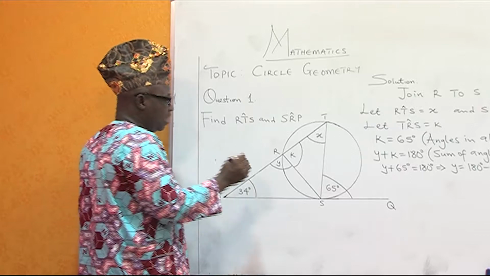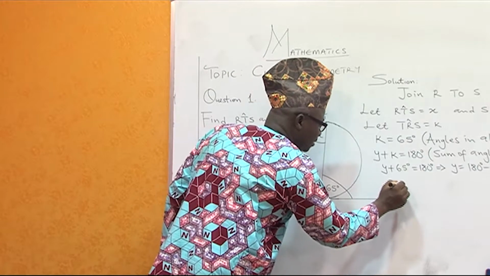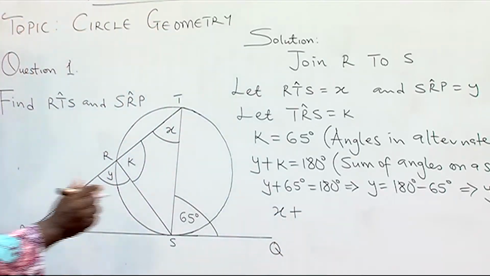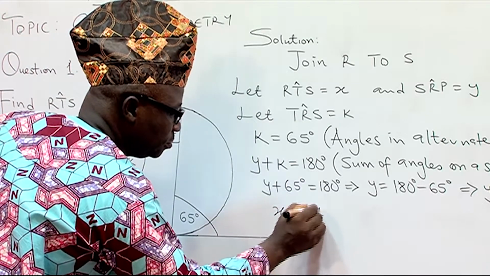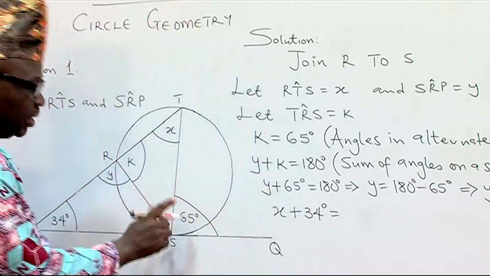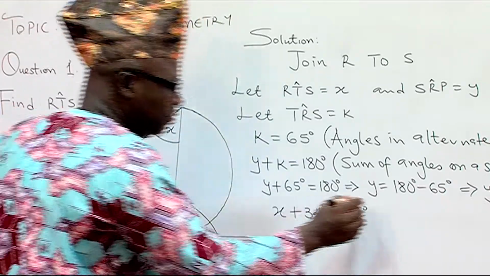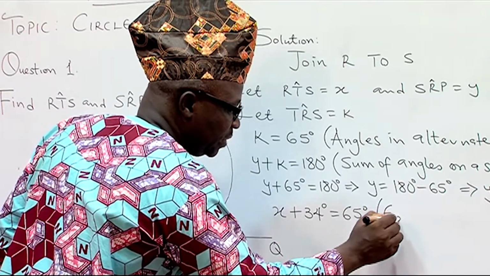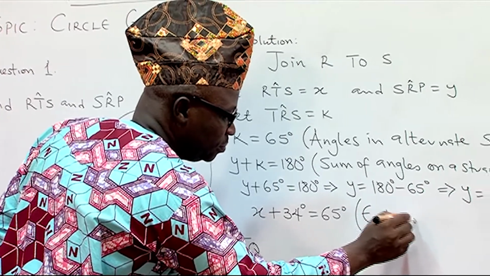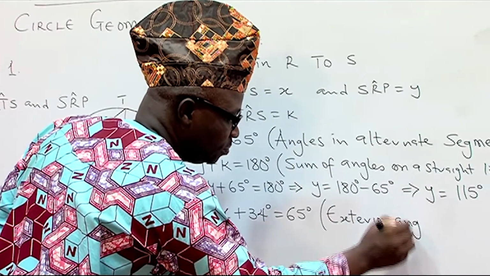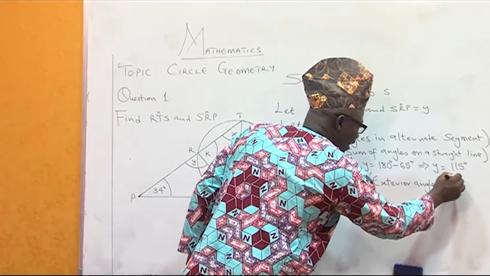So in that case, I'll say X plus 34 degrees is 65 degrees. The reason for this, exterior angle of a triangle.